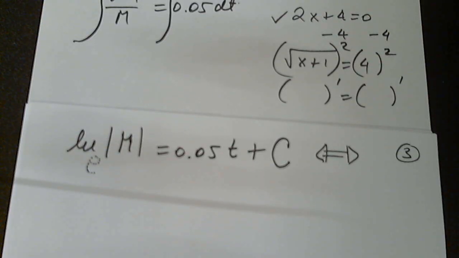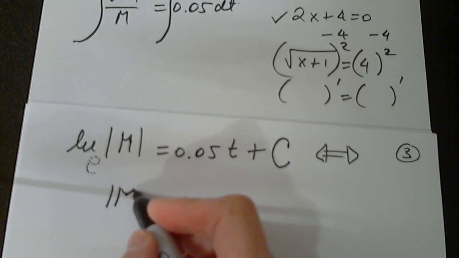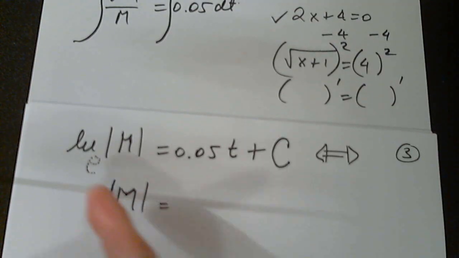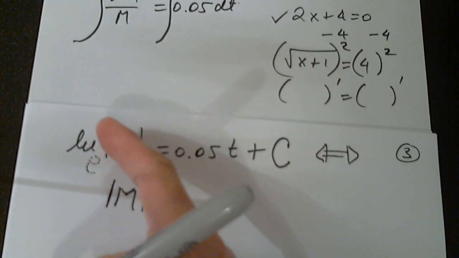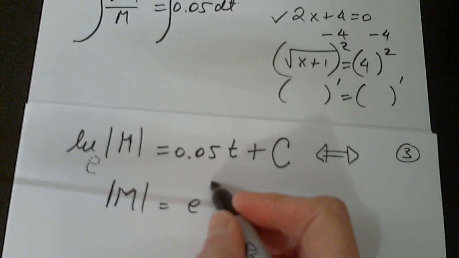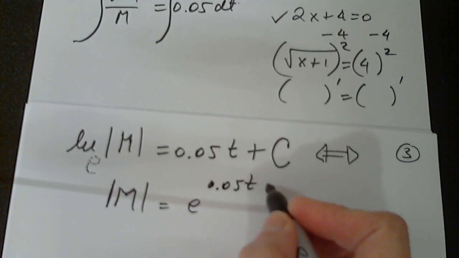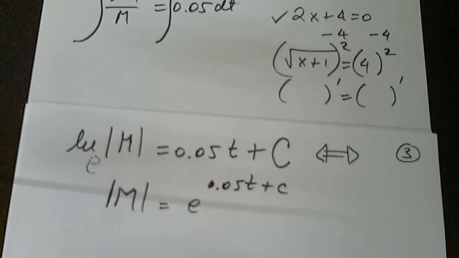How do I change this log equation into an exponential equation? Anyone? So the absolute value of m equals e to this number. E to this is the absolute value of m. So e to 0.05 t plus c.